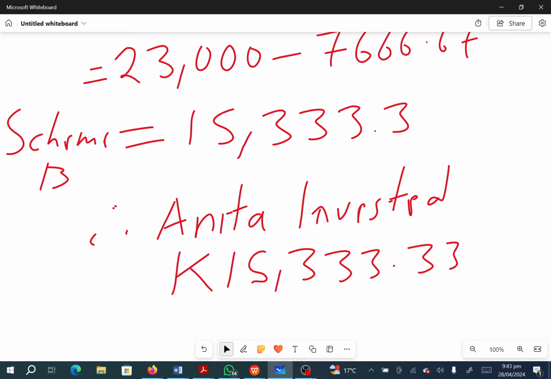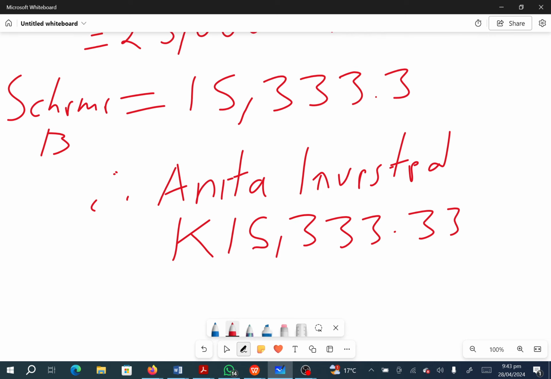So this was the total amount Anita invested. So that was the amount which was invested.